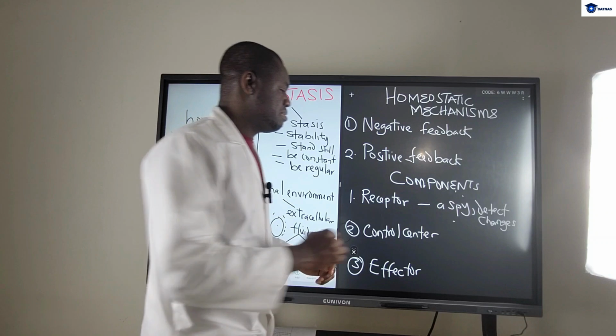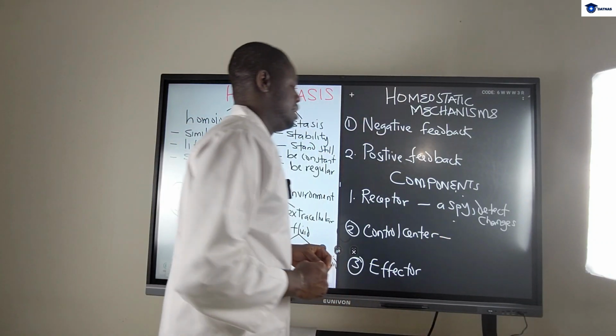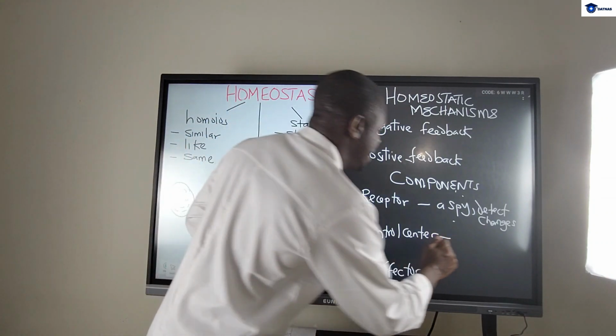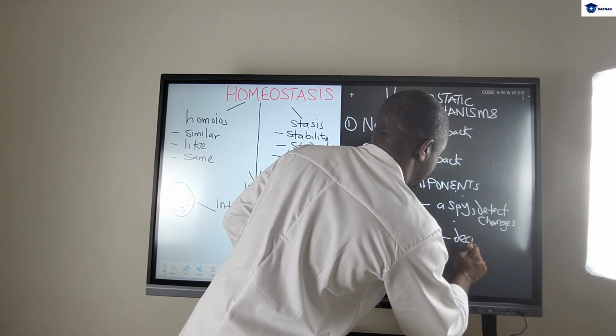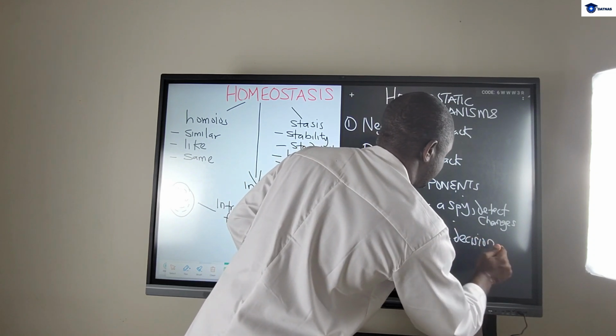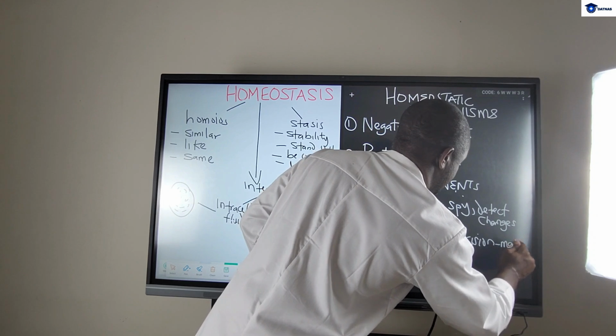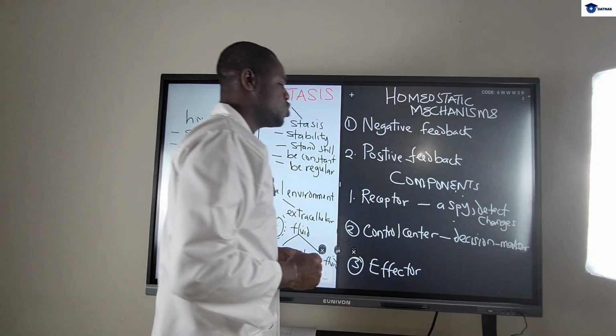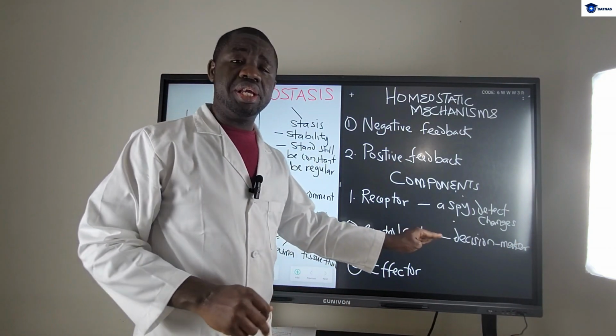Control center is a decision maker. So our control center will be CEOs. Let's say our control center is the CEOs.